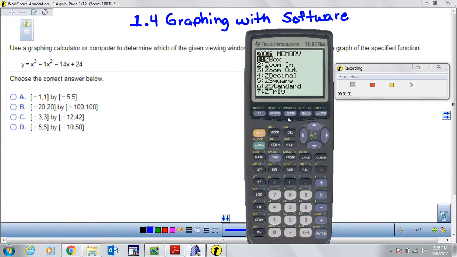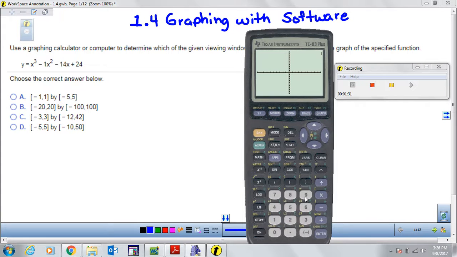All our calculators by default, they're always in this format. So if you ever change the numbers on the window screen, you can always set it back by pressing zoom first, and then from zoom it takes you to this set of options. You will select number 6, or you click enter on the option number 6.